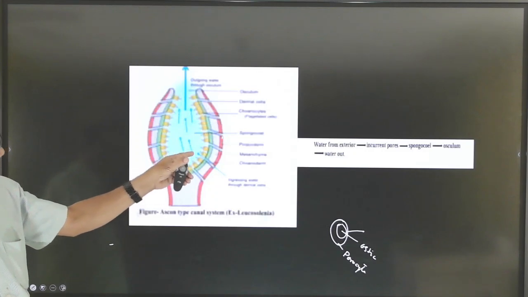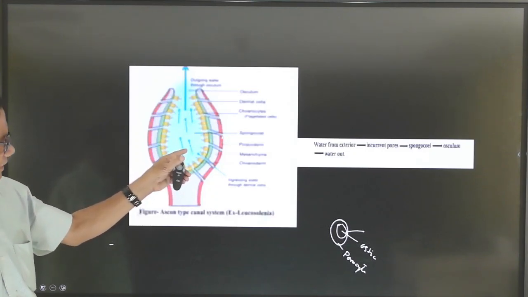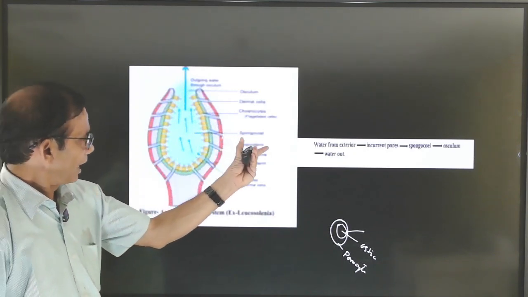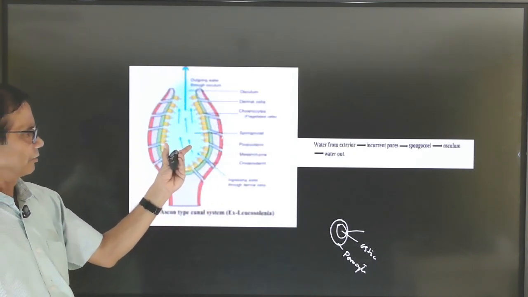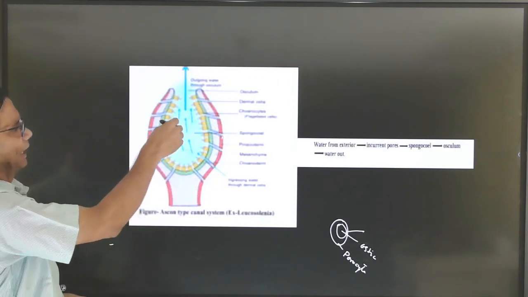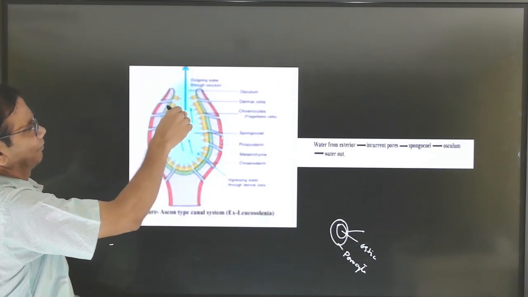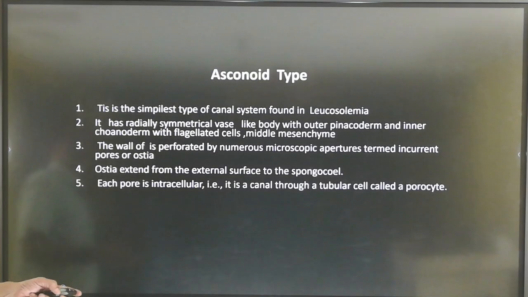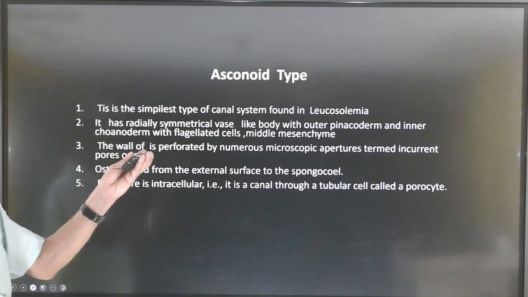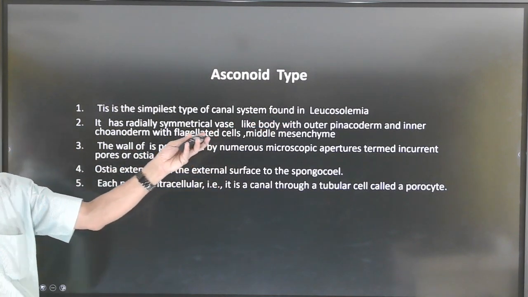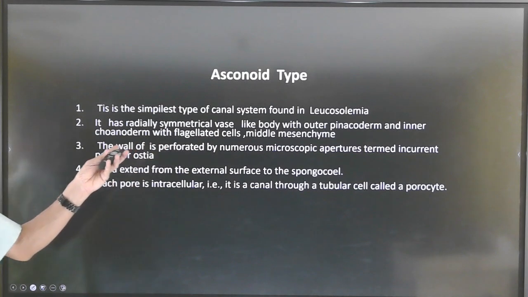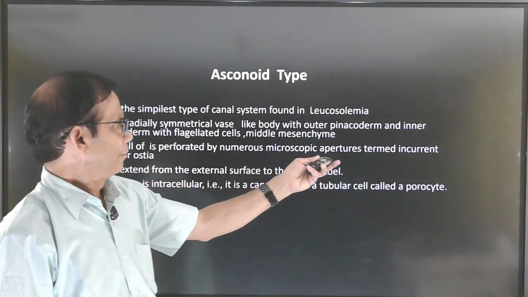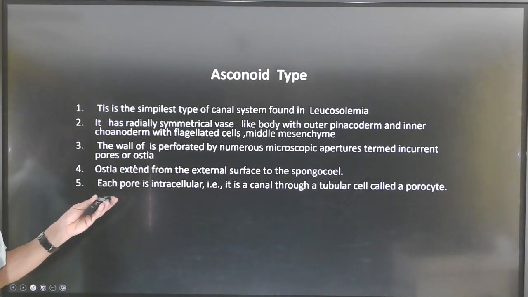Due to the action of the flagella of the flagellated chambers, water is moved from the outside to the inner side, the spongocoel, and again due to the action of the flagella it is pushed outside. Ascon type is the simplest type, and the main example is Leucosolenia. The wall is perforated by ostia.